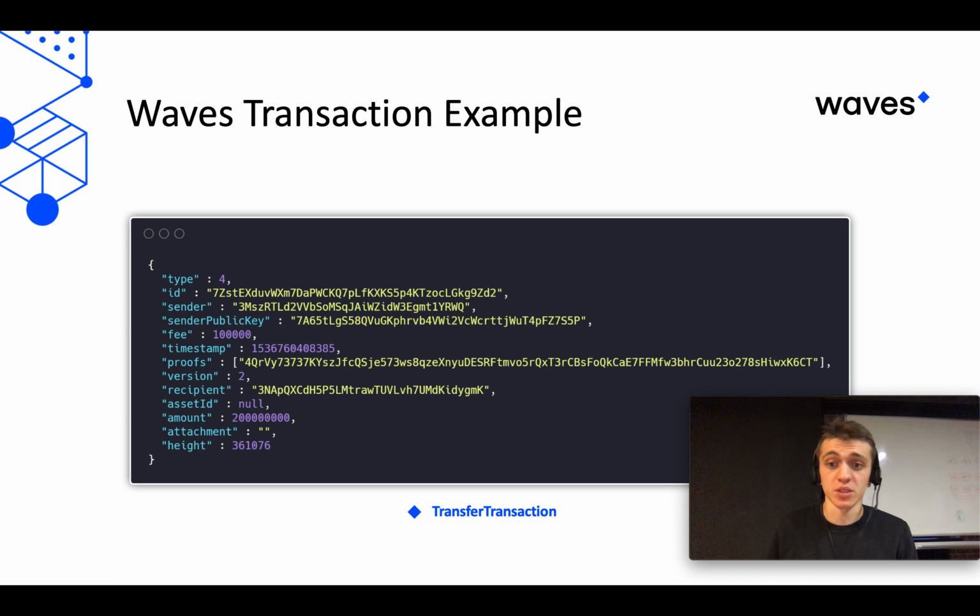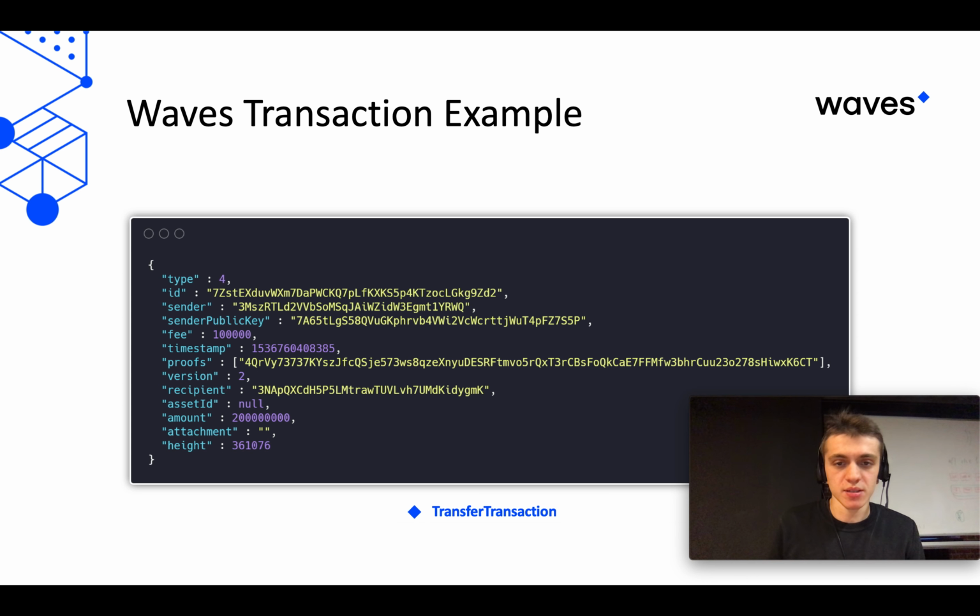It allows you to send some tokens from one account to another account. In this case, from sender 3PMSZ... to another account, the recipient 3NA... This is how transactions look. This is just one example of how a transfer transaction looks.